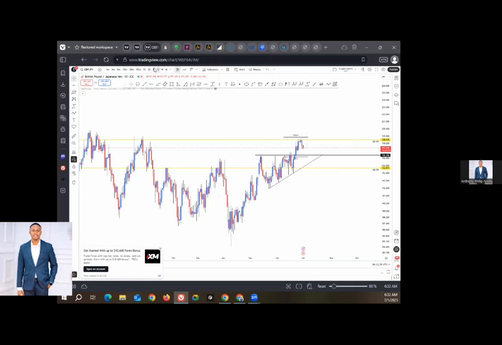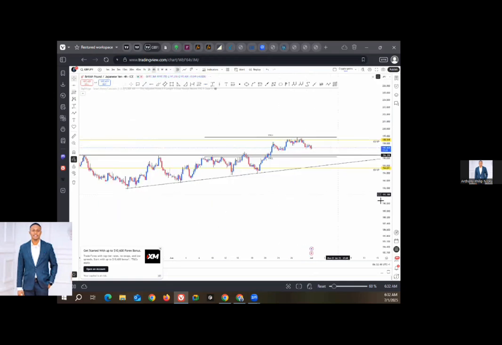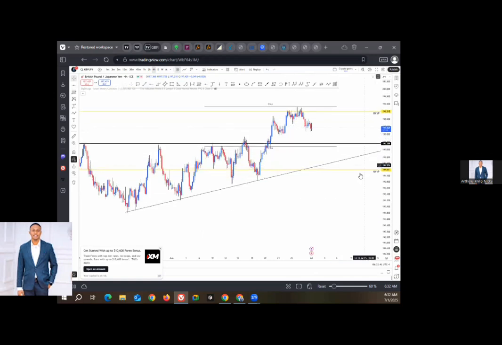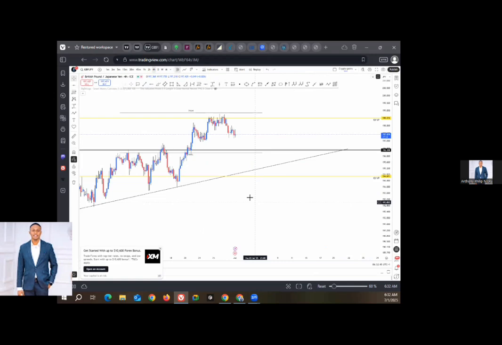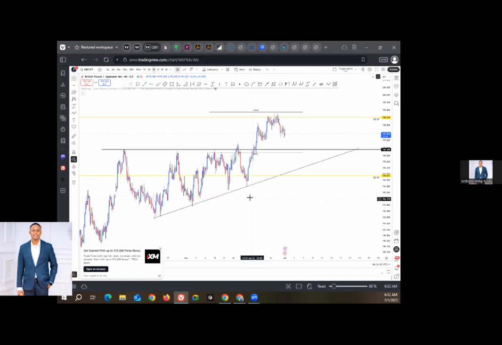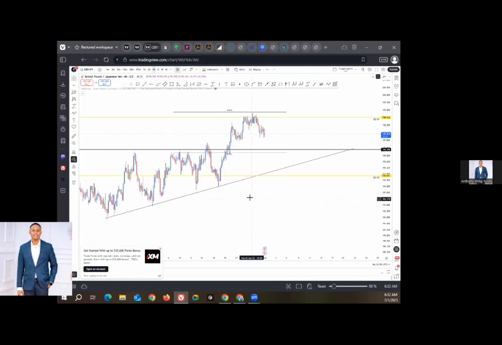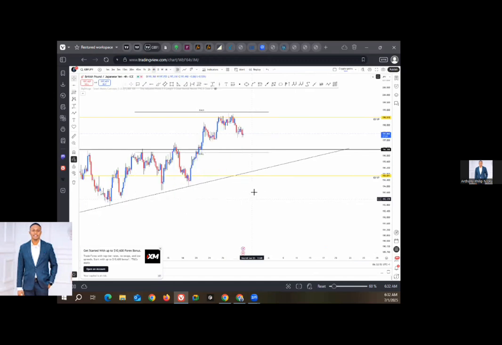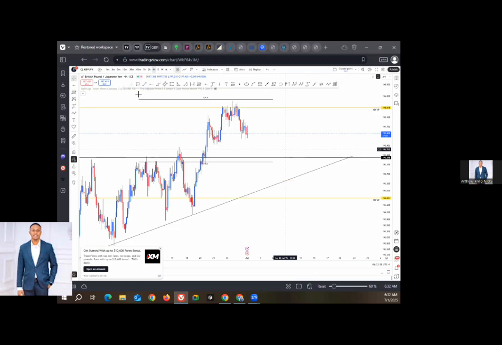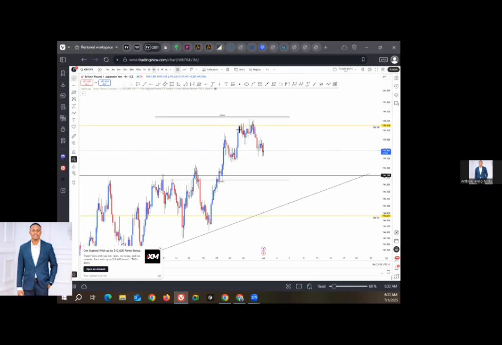Then I go to the 4 hours time frame. On the 4 hours time frame, I'll spot the 4 hours demand and 4 hours supply. So based on what I can see already, this is the 4 hours supply.